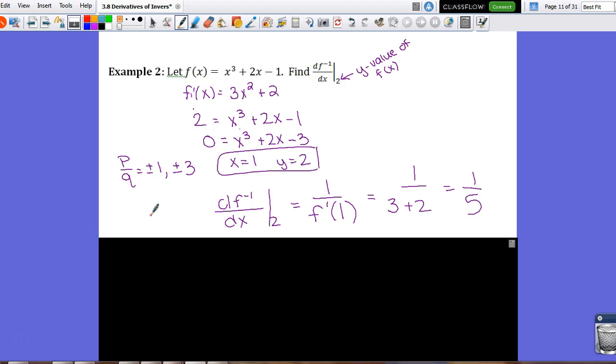So what would you have to plug in, or how could you make it work? With the x value. You still need the x, because 1 over 3y squared represents the slope of the derivative.